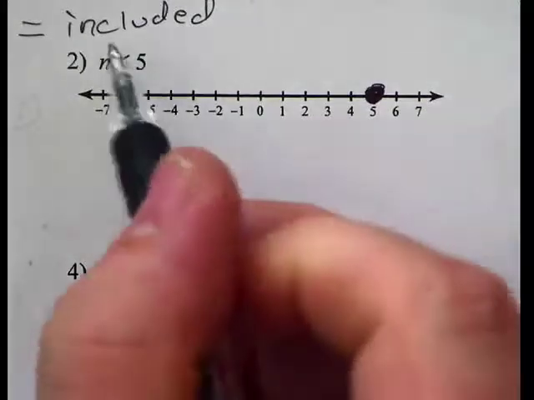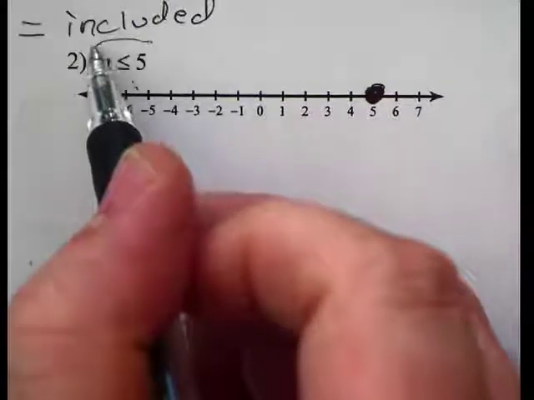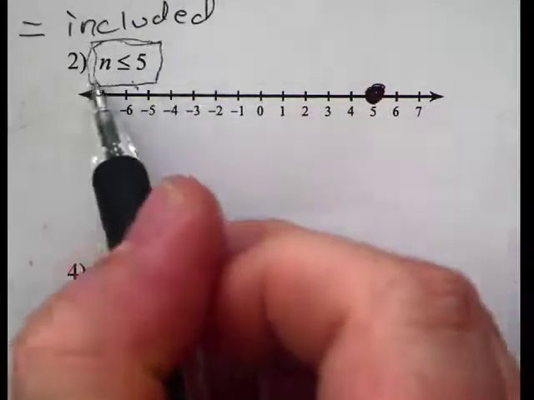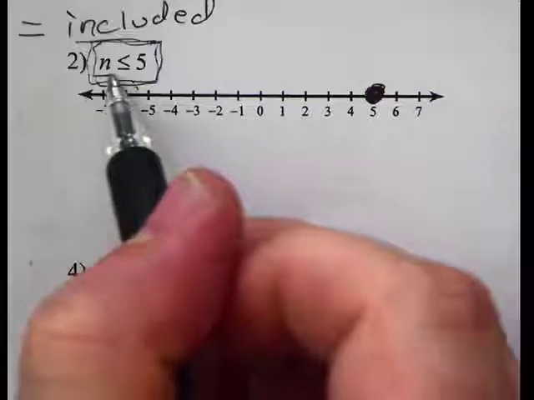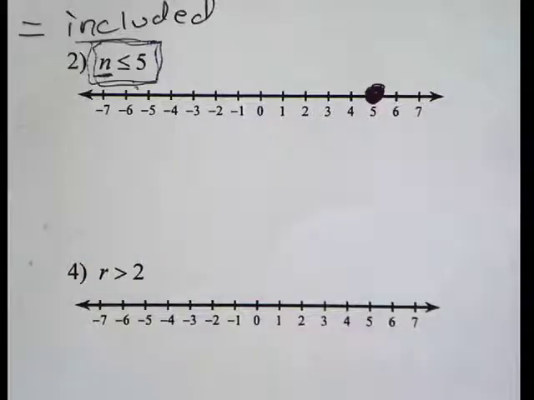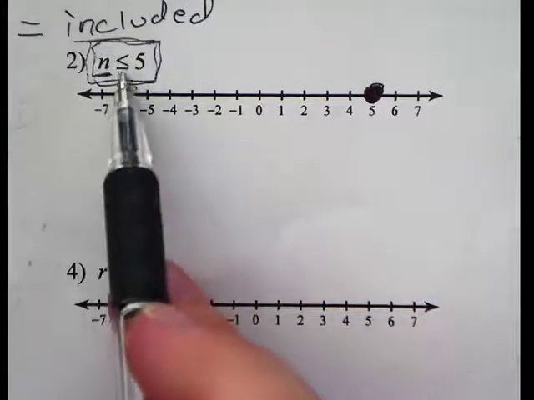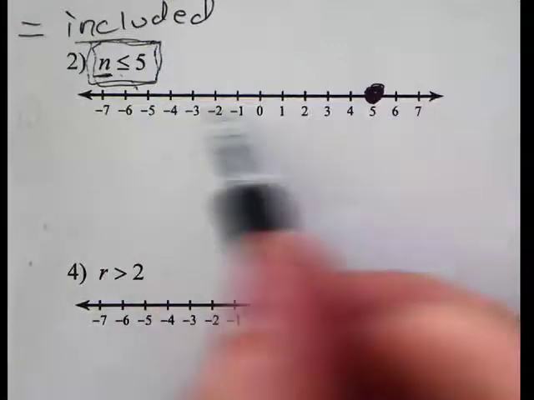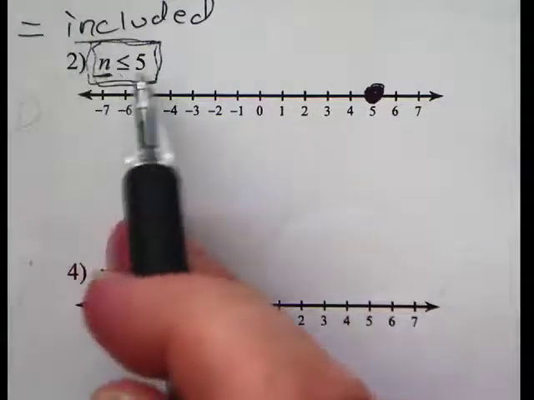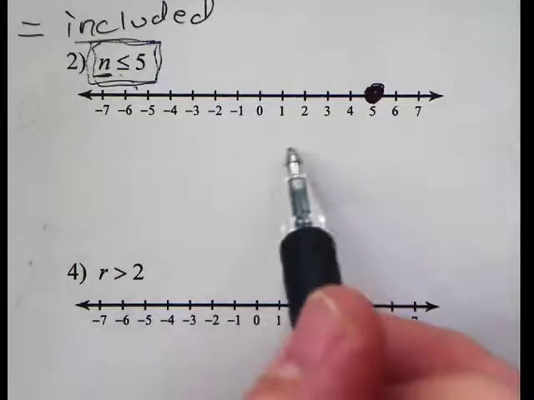Now with inequalities, you've always got to make sure that the n or the variable is always on the left. That's just a setup that you've always got to make sure. In this case, it's on the left. So which way do I draw the arrows? Well, n is less than or equal to 5. Less than is to the left.